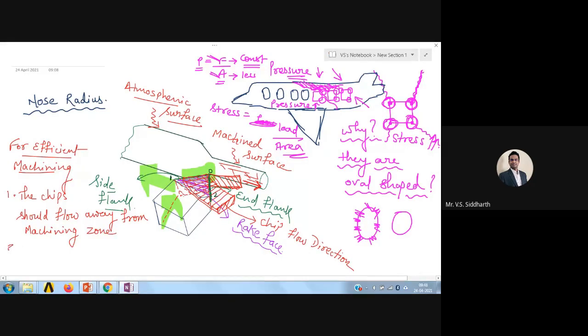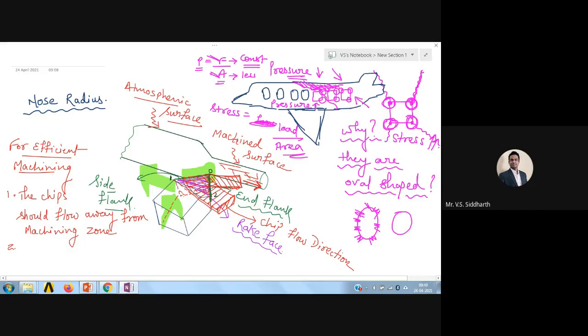Now my second point. Here I have rubbed it, you can't see. Here there was our side flank, and here there was our end flank. Should the side flank and the end flank make contact with the workpiece or not?